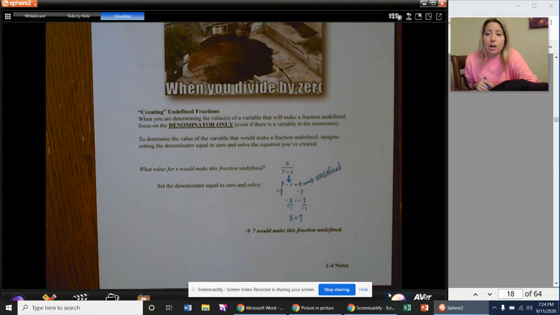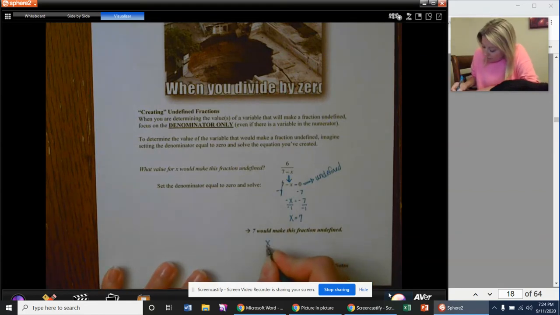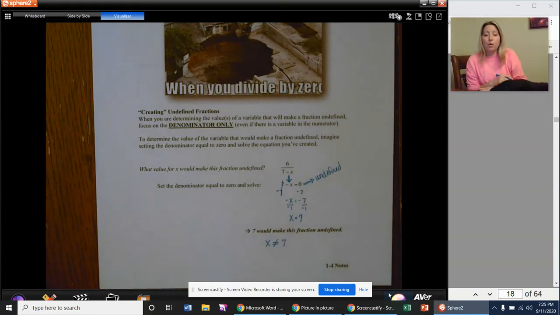Because you're going to get your denominator equaling 0. So an x value of 7 would make this fraction undefined. So the way that we're going to write it is that x cannot be equal to 7. Okay? Because that's the one value that if you plug that in for x, this fraction is no longer a defined fraction. All right, let's keep going.